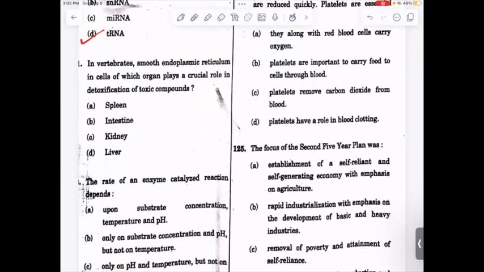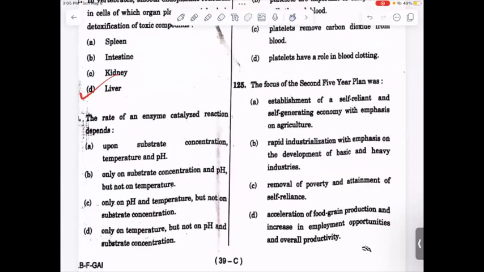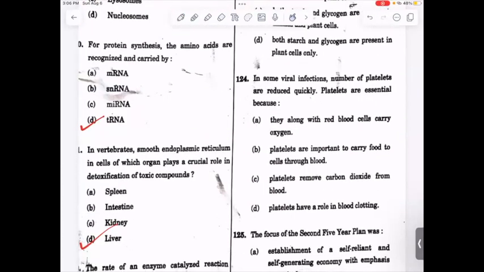Next, smooth endoplasmic reticulum plays a crucial role in detoxification of toxic compounds. So answer is liver. We know that smooth endoplasmic reticulum has a role in detoxification, and the organ in which it is present is liver. Next question.